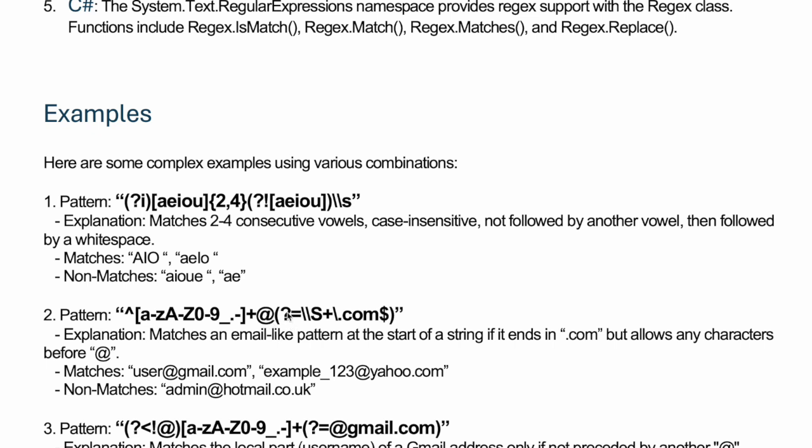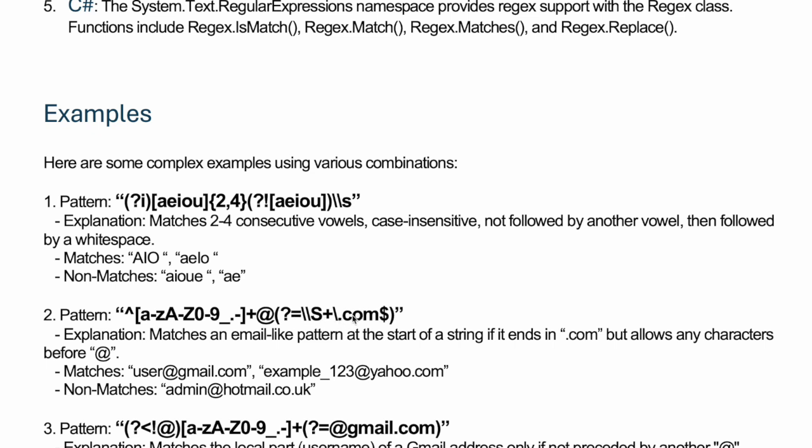Then it should follow with any character that is not a space, and it ends with .com, and this is the character that we use to specify the thing should end with this. And we use parentheses. That means the whole thing should come after the @ sign.